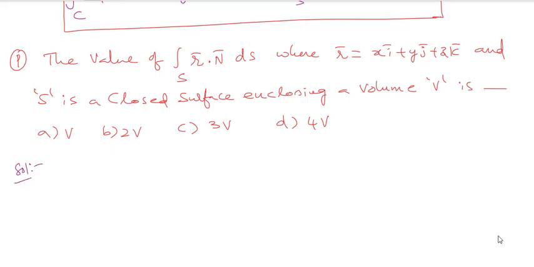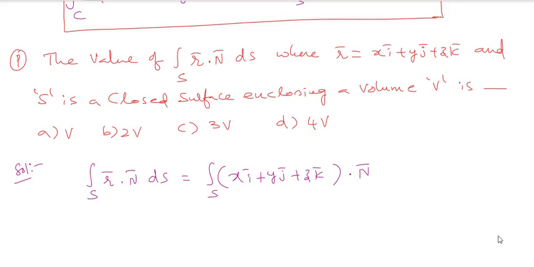So here we have the surface integral of r bar dot n bar into ds. This I can represent as the surface integral of x i bar plus y j bar plus z k bar into n bar ds. Am I correct or not? What is the divergence of r bar?